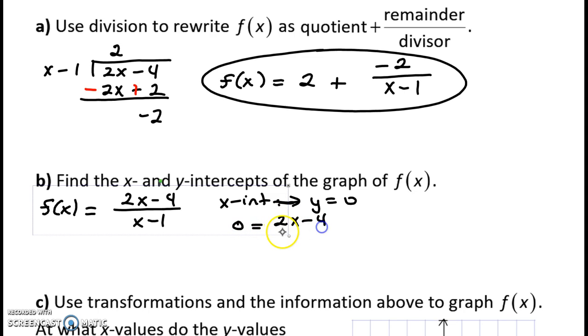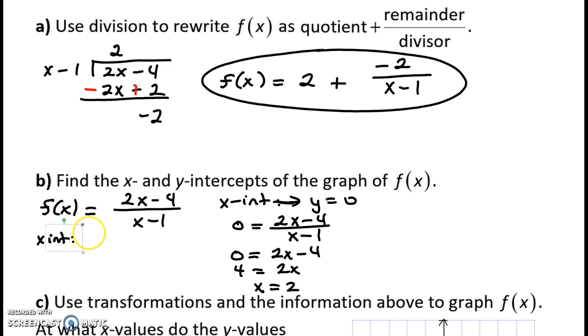So 0 = (2x - 4)/(x - 1). Multiplying both sides by x - 1, we get 0 times (x - 1) on the left, which is 0, equals 2x - 4 on the right. That gives us 4 = 2x, or x = 2. So therefore, our x-intercept is the point (2, 0).